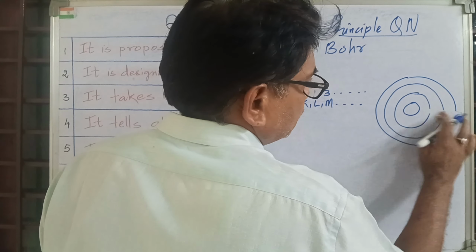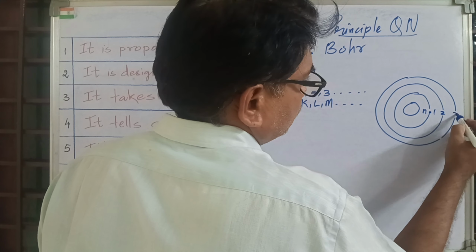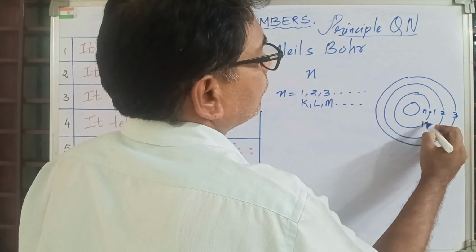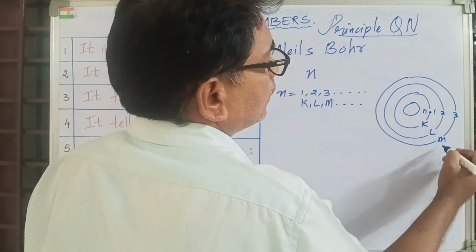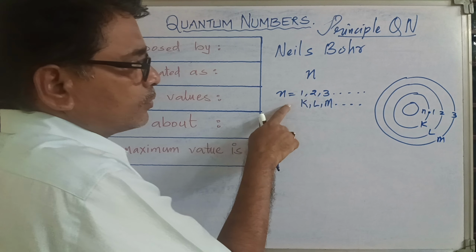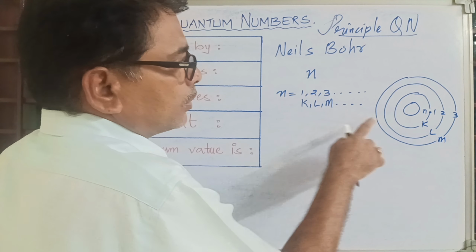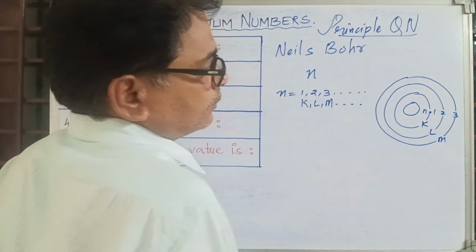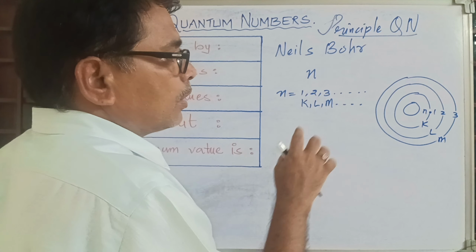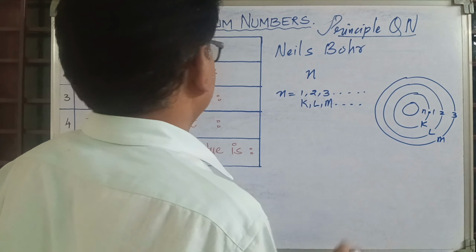These shells are represented with the n value: n = 1, 2, 3 and so on, which are also designated as K, L, M and so on. So the principal quantum number is speaking about shells and orbits.